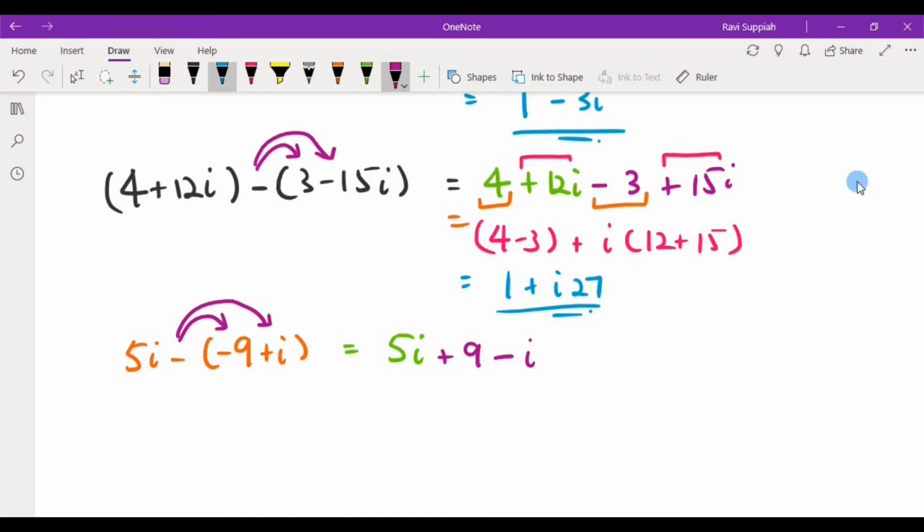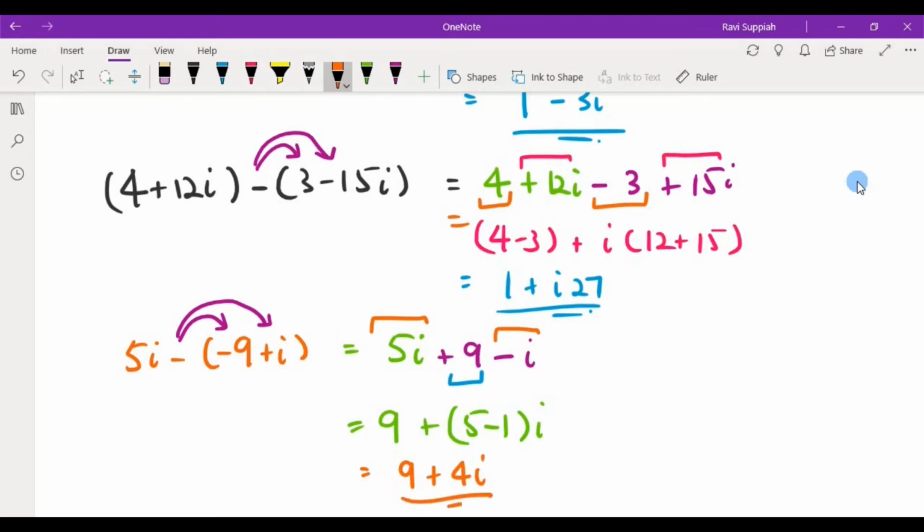Now I only have one real part and two imaginary parts here. So the next step would be to group them together. The real part is only 9, and the imaginary part is 5 minus 1i, which will give me 9 plus 4i.